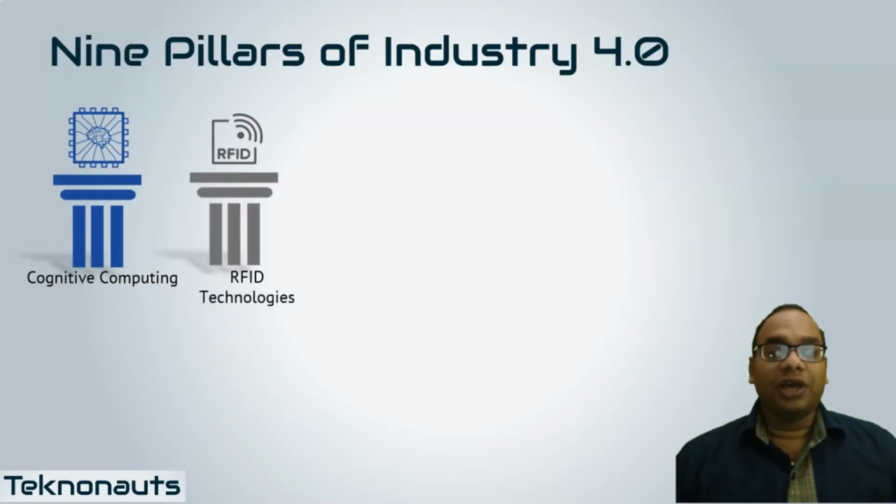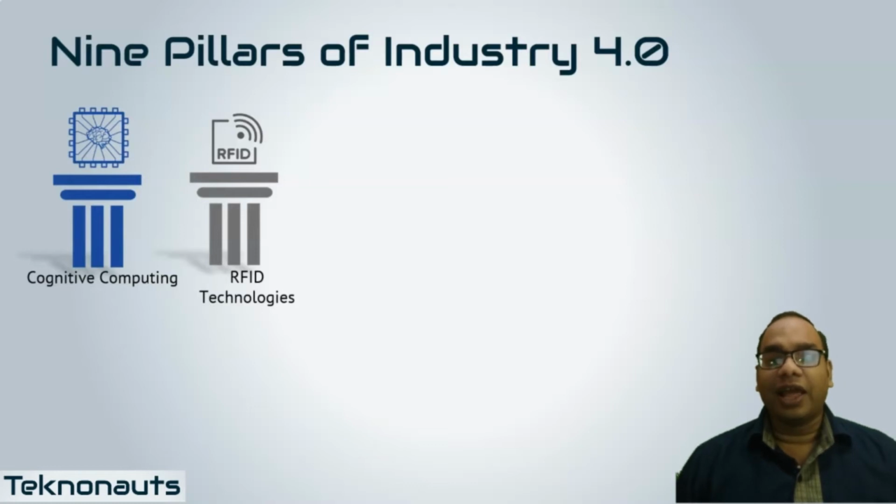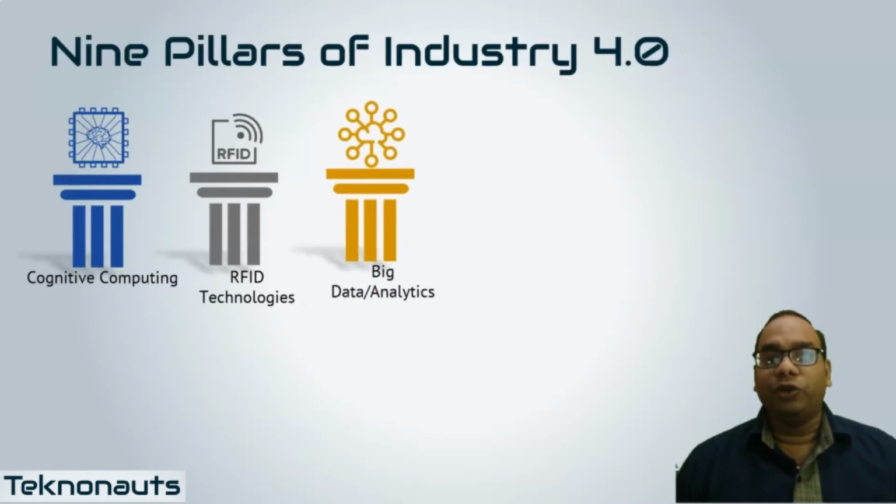The next pillar is RFID technology. RFID is radio frequency identification, which uses an electromagnetic field to automatically identify and track tags attached to objects. An RFID tag consists of a tiny radio transponder, a radio receiver, and a transmitter.